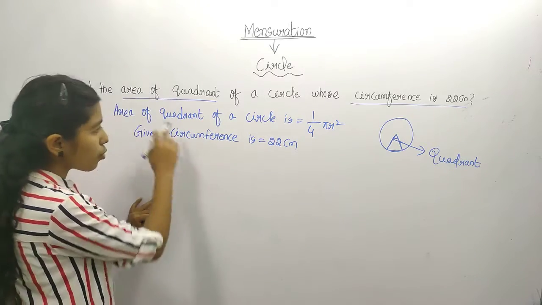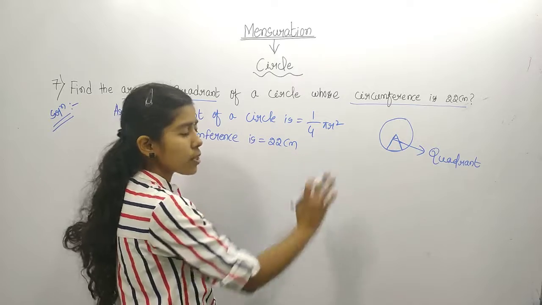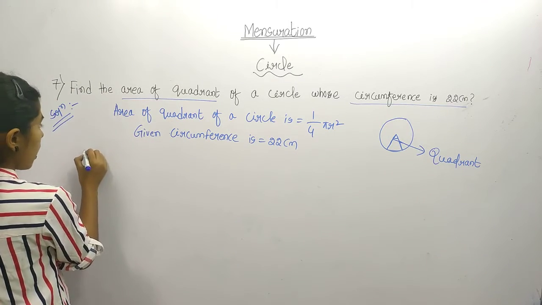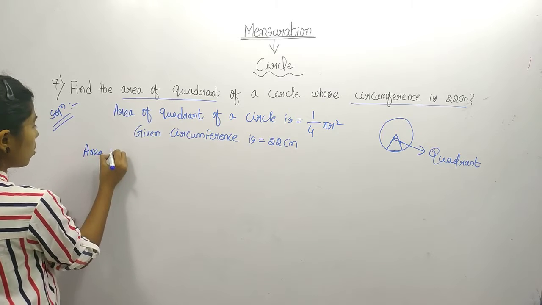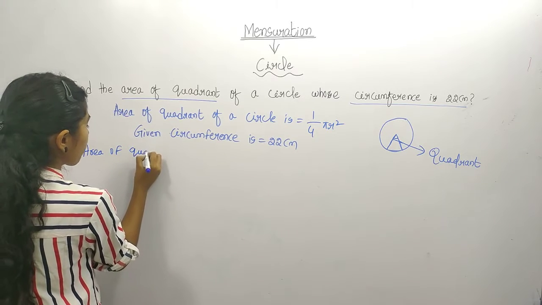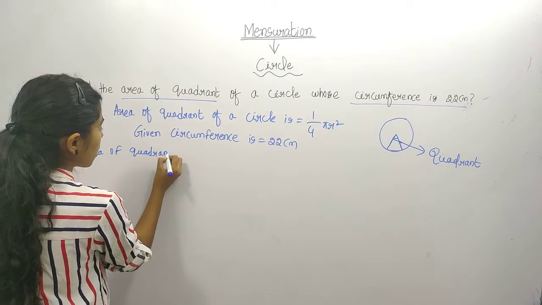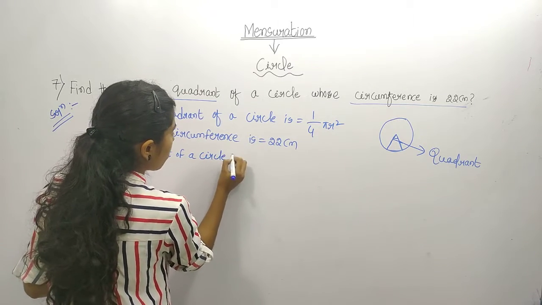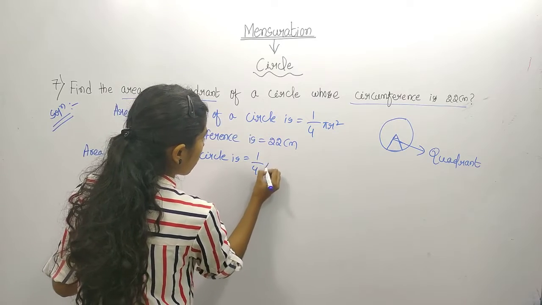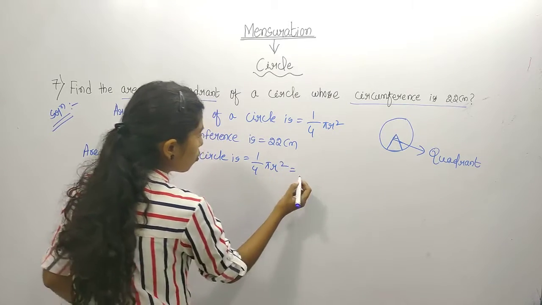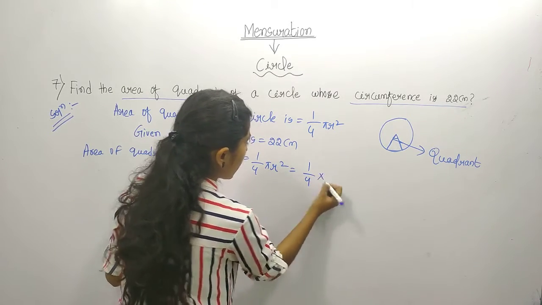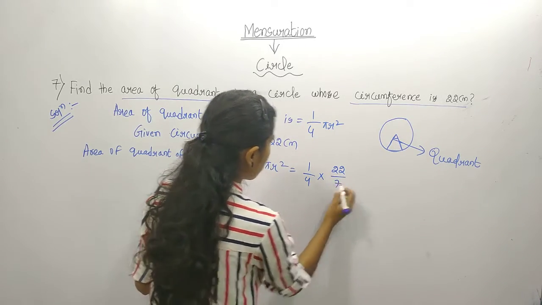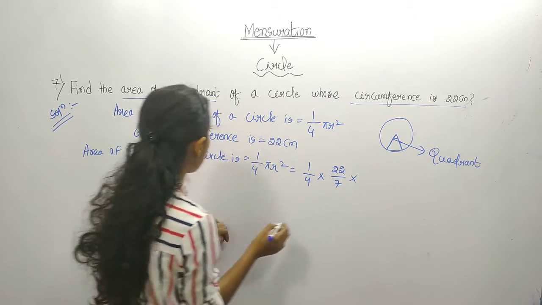You know the area of a quadrant of a circle is 1 by 4 pi r square, so area of a quadrant of a circle is equal to 1 by 4 pi r square, equal to 1 by 4 into pi, which means 22 divided by 7, into r square.